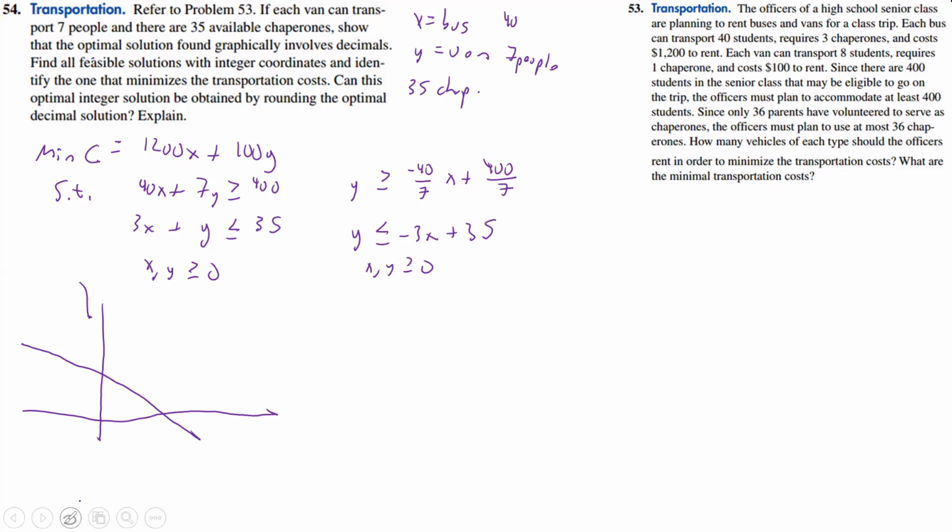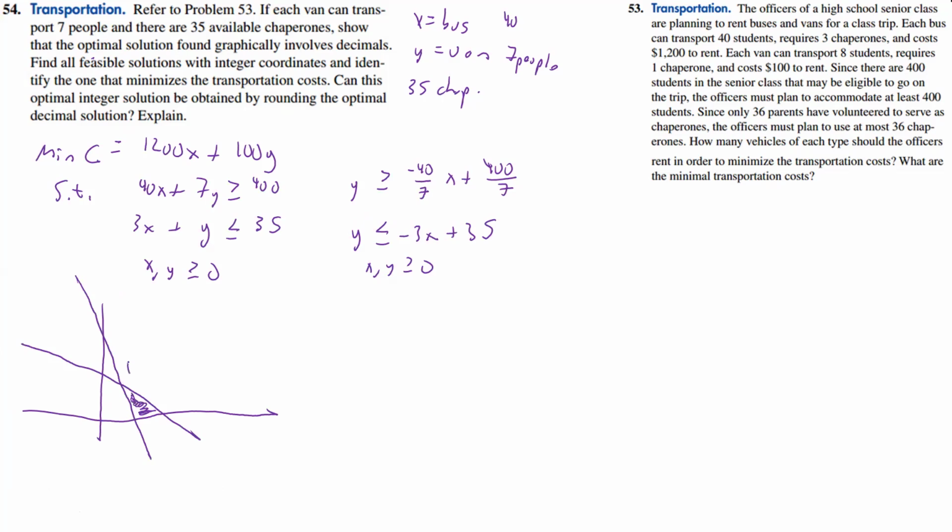That's not a good drawing. Oops, we have this one coming down something like that. And now it has to be less than this one but greater than that. So that looks like the only area is really this one right here.